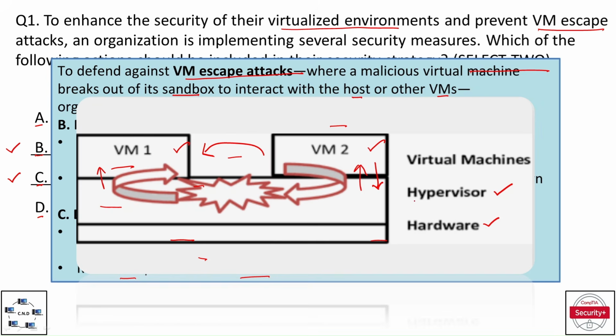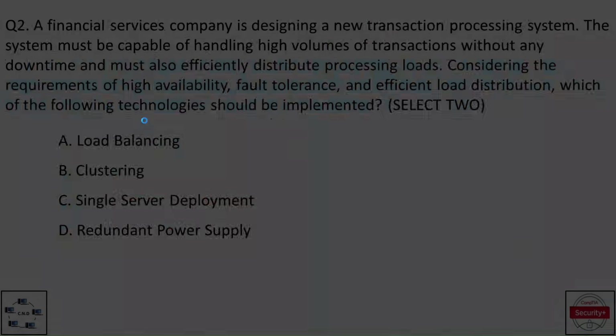So if due to any security vulnerabilities the VMs are able to escape from this sandbox environment and access the host, that is the hypervisor, or other VMs, then these types of attacks are known as VM escape attacks, because the VM is able to escape from its own sandbox environment.